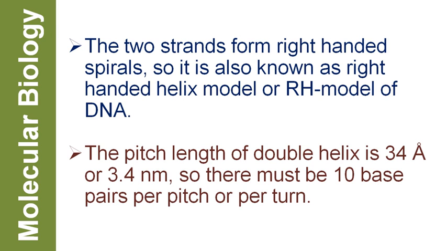Now you can write down the points. The two strands form right-handed spiral, so it is also called right-handed helix model or RH model of DNA. The pitch length of double helix is 34 angstrom or 3.4 nm, so there must be 10 base pairs per pitch or per turn.